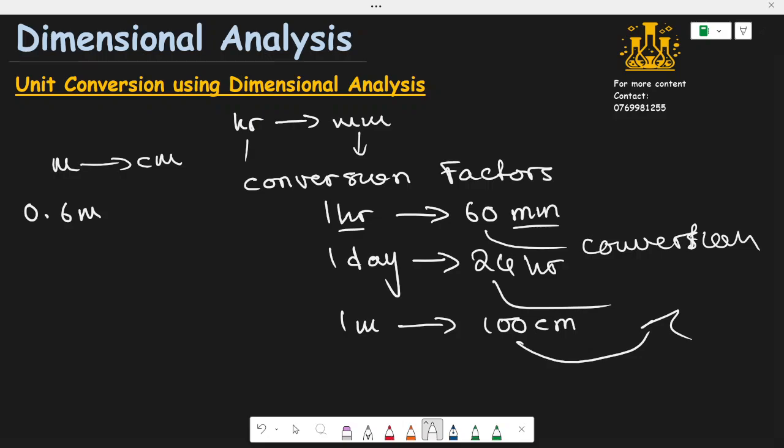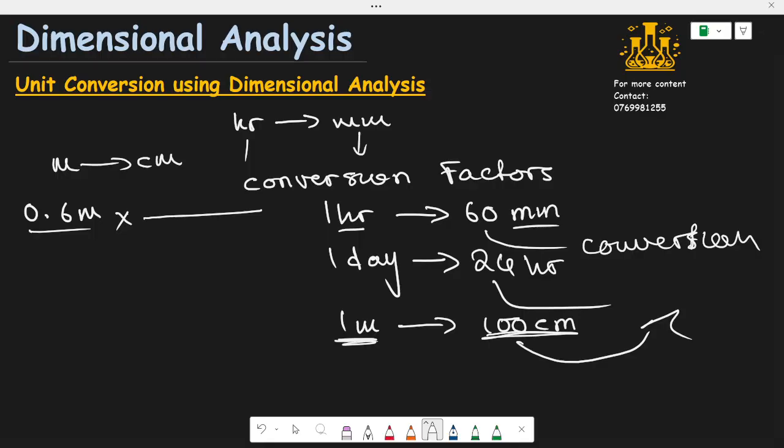Well, you are going to use this conversion factor. So basically what you do is you get what you're given, then you multiply it with a fraction. So now this fraction should have either this one on top or this one on top. For you to know what should be on top or on the bottom, that would depend on what you're trying to find.